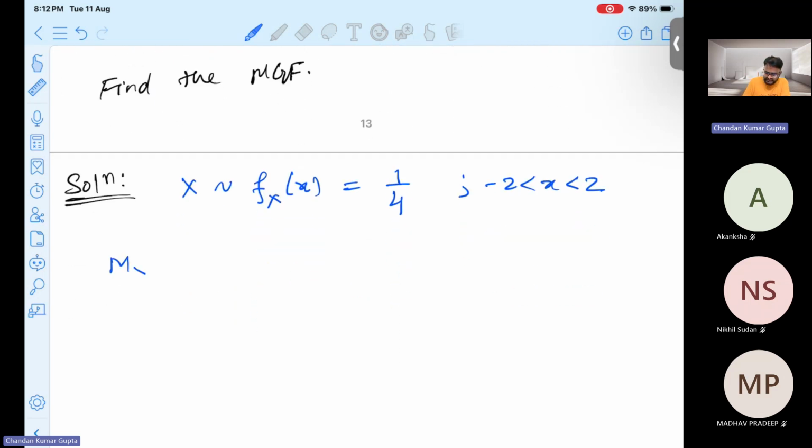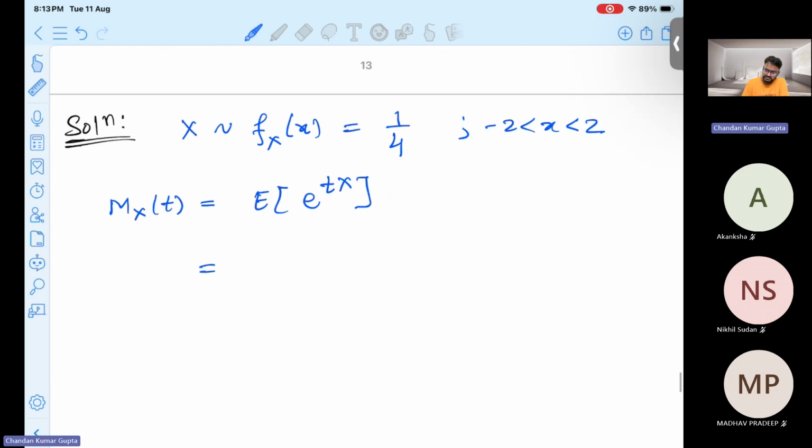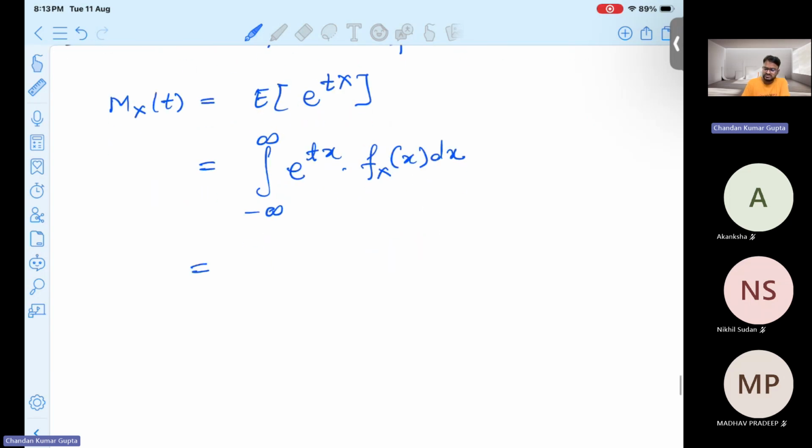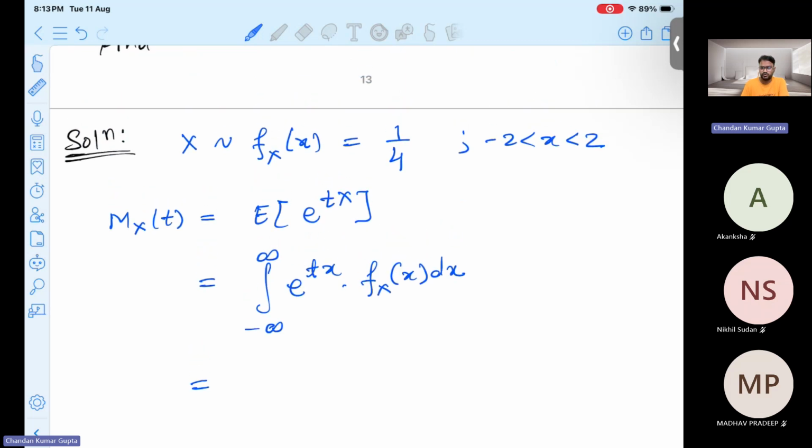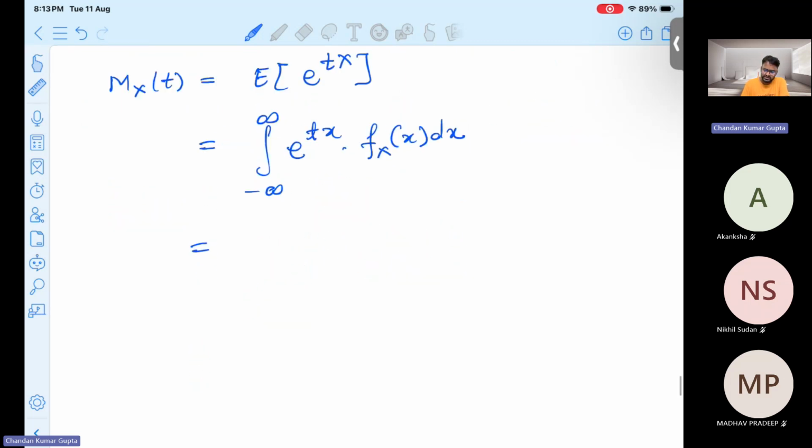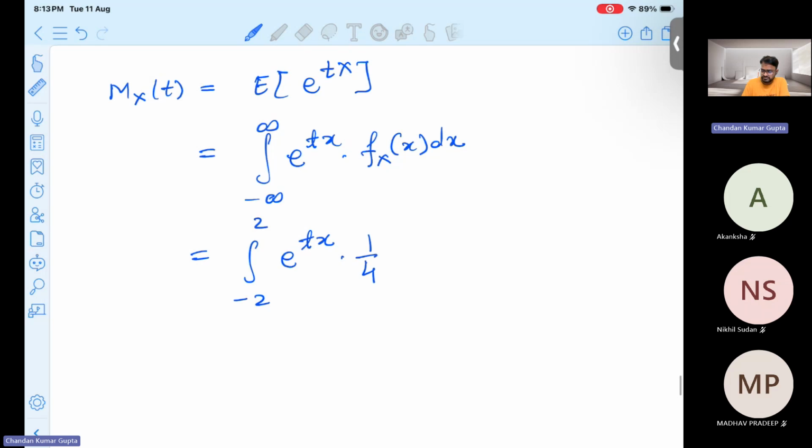Now we need to find M_X(t), which is defined as the expected value of e to the power tx. It is continuous in nature, so we take the integral from minus infinity to infinity of e to the power tx times f(x) dx. Since the support for x is given as -2 to +2, it becomes the integral from -2 to +2 of e to the power tx times 1 by 4.